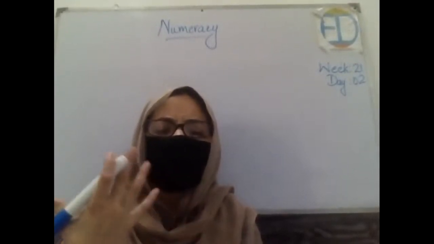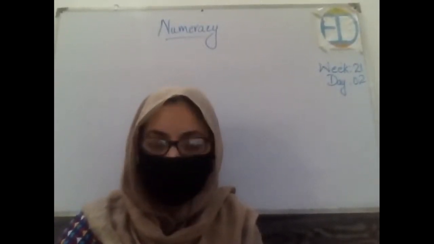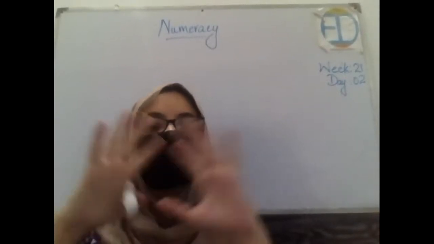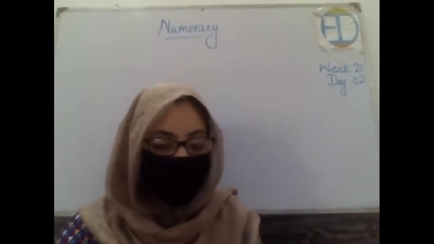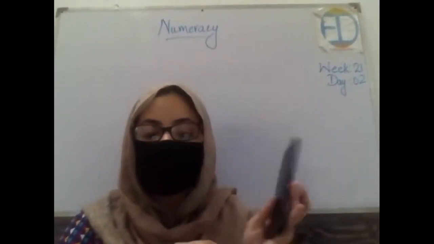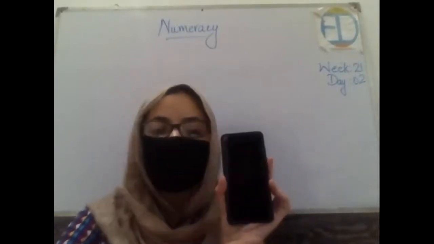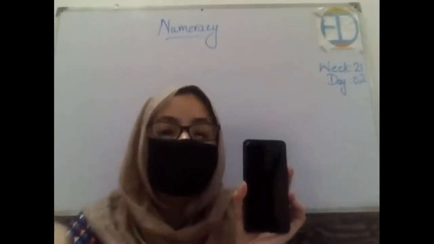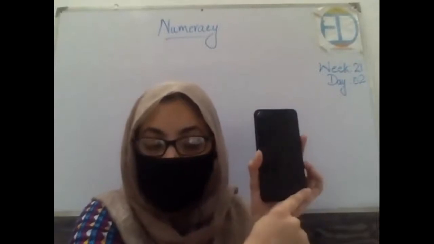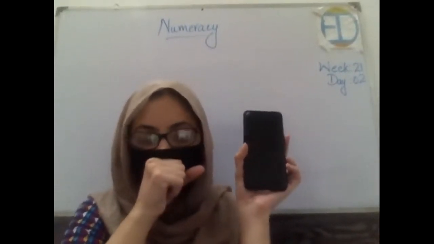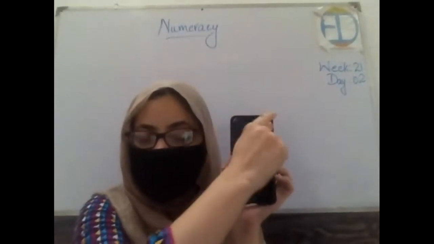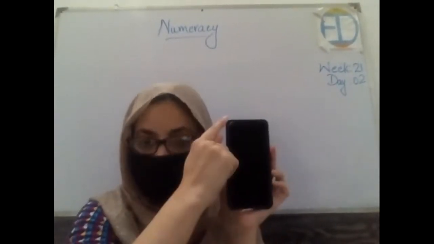So who is going to define shapes for us? What does shape mean? Shape is basically an outline of an object. Let's say this is a mobile phone, right? And I ask you about its shape. So you say that it's a rectangle shape. Now, what does the shape mean here? It means the outline of an object, right?